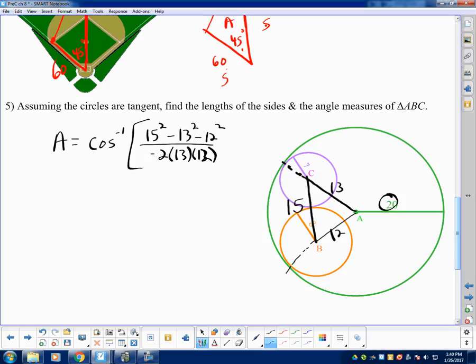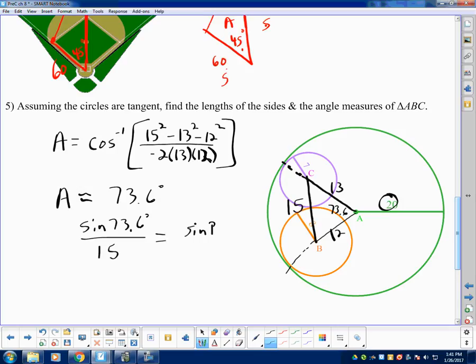And A is about equal to 73.6 degrees. Then we could do a quick law of sines calculation, sine of 73.6 degrees using this angle here, which is opposite the 15, and set that equal to sine of B over the 13. B ends up equaling about 56.2.